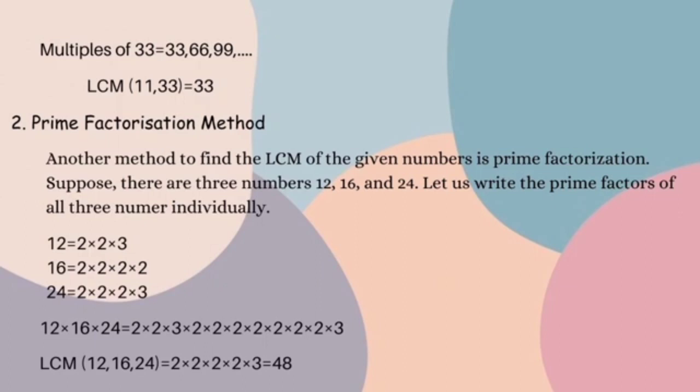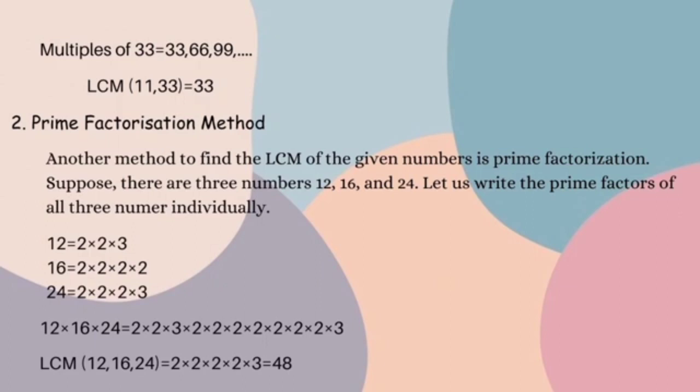So, writing the prime factors of all three numbers together, we get 2 times 2 times 3, times 2 times 2 times 2 times 2, times 2 times 2 times 2 times 3.